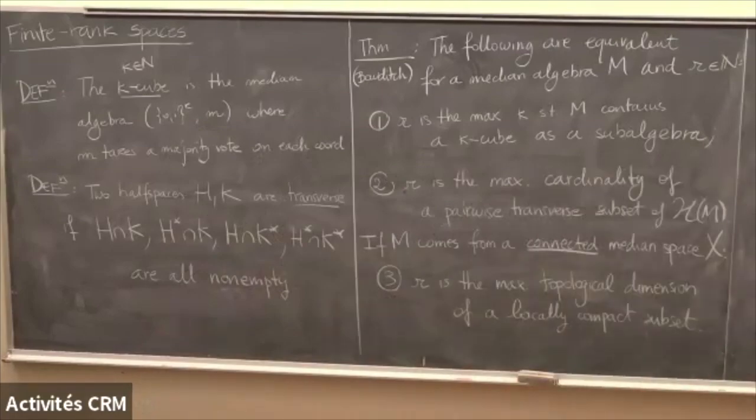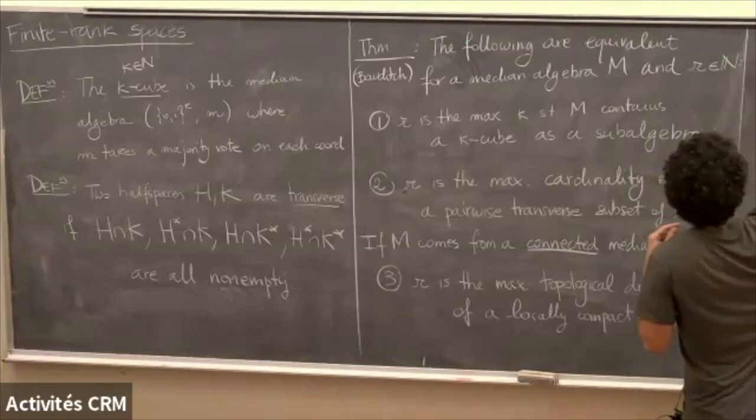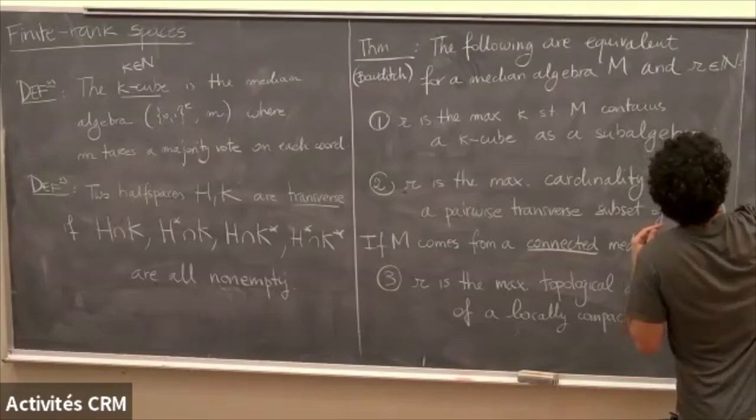If this number exists and is finite, that's the rank of the median space, or median algebra, and we say it has finite rank.